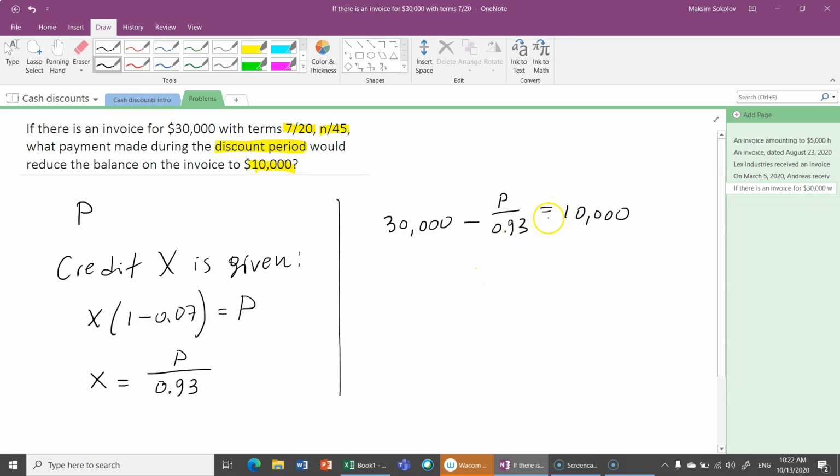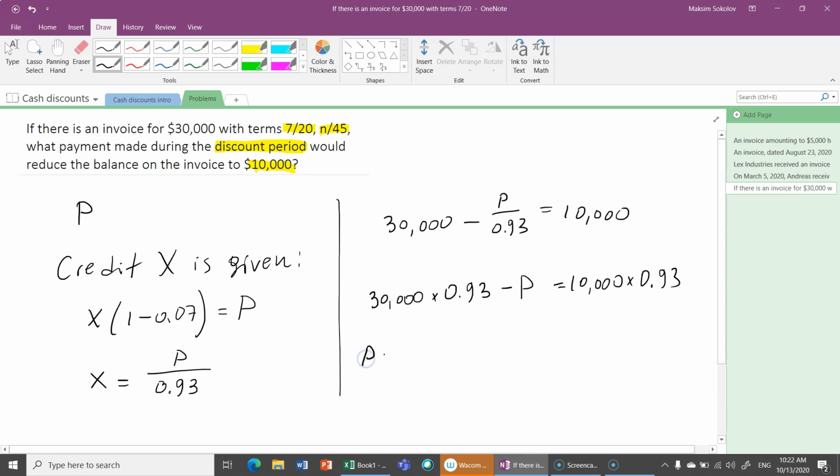So now what we need to do is to solve this equation. So how do we solve it? We multiply both sides by 0.93 to get rid of this 0.93 from the bottom here. So it is 30,000 times 0.93 minus P equals 10,000 times 0.93.